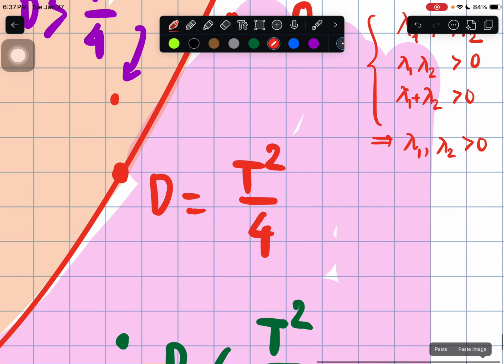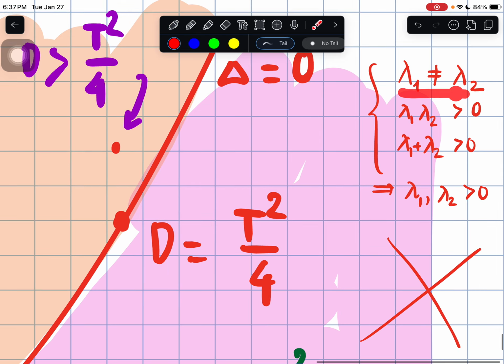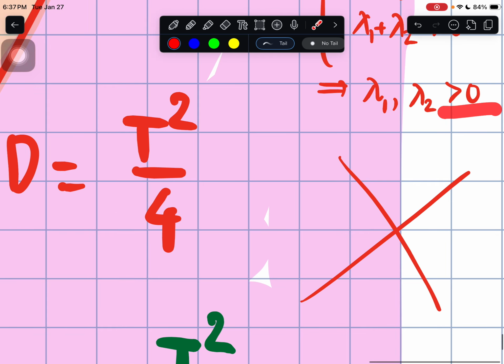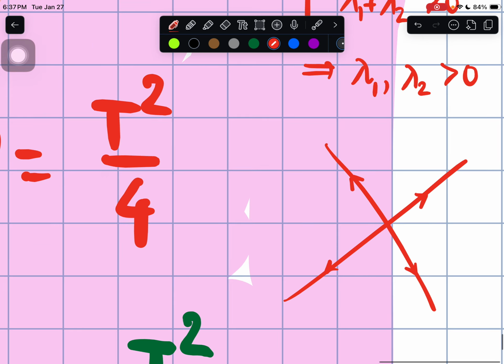So in this case, the picture will look like this. Assume that we have two distinct eigenvalues, which must correspond to two linearly independent eigenvectors. And because they are positive, it goes off to infinity here. So the pictures could be something like this.